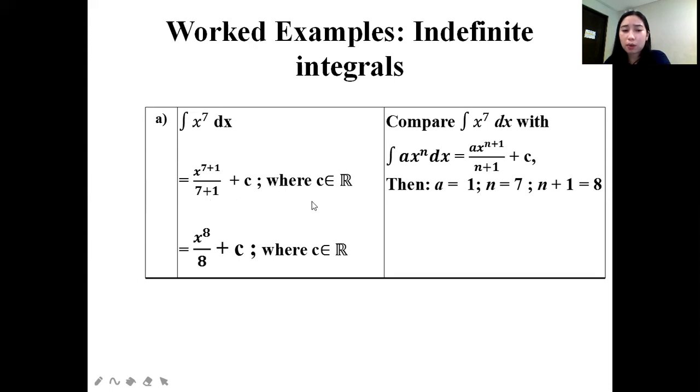So permanente kita magbutang ani class ha, kay gamit ni siya paabot ninyo sa differential equations gyapon and advanced engineering mathematics. So is equal to x to the power of 8 over 8, or 1/8 x to the 8, plus c, where c is any real number.